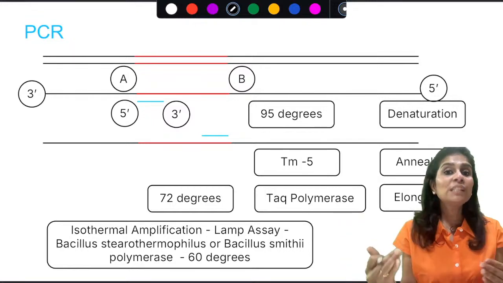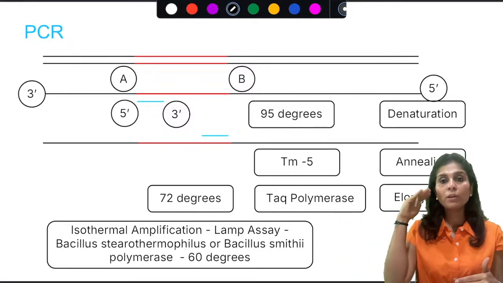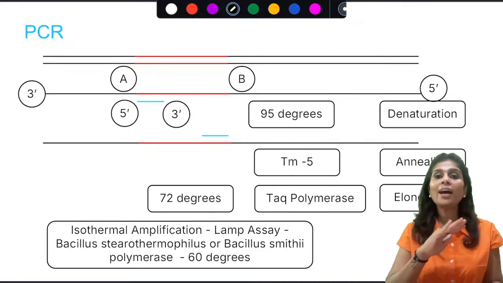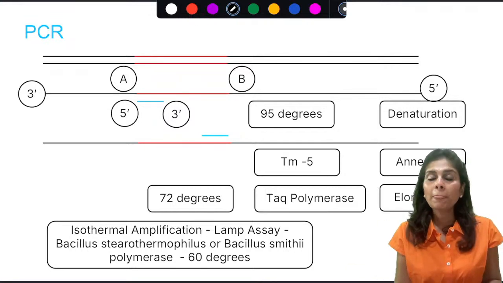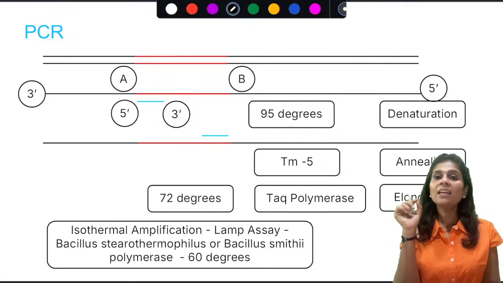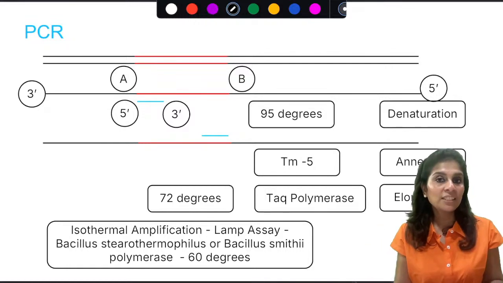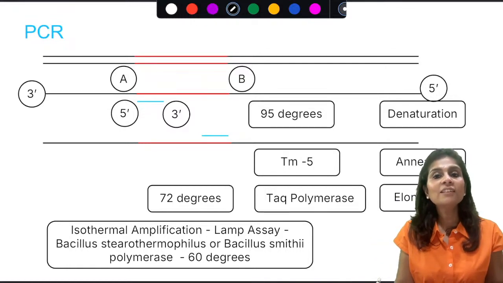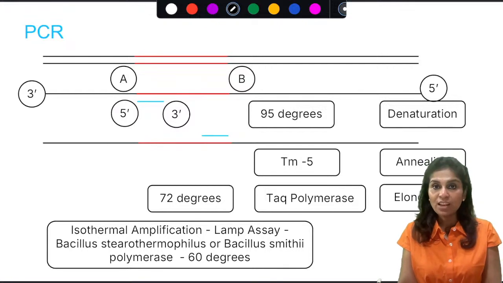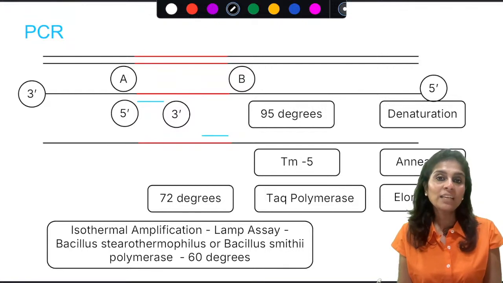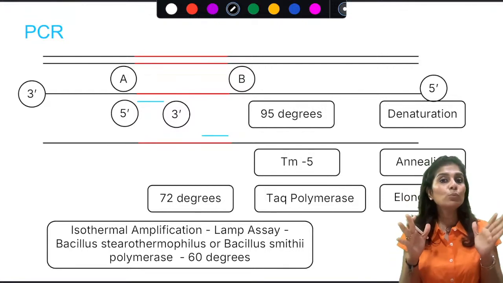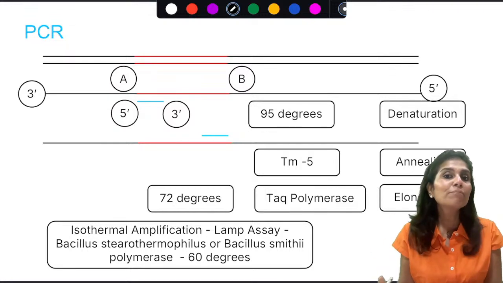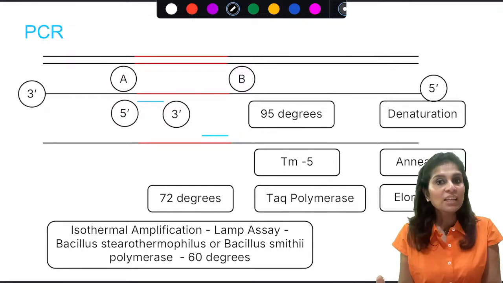That by itself is enough for these two DNA polymerases to invade the strand and to elongate the strand. So every step in isothermal amplification technique or in LAMP assay will be carried out at a constant temperature of 60 degree, for which you don't need a thermocycler, just an incubator would do, which can maintain a constant temperature of 60 degree. Do you understand this?